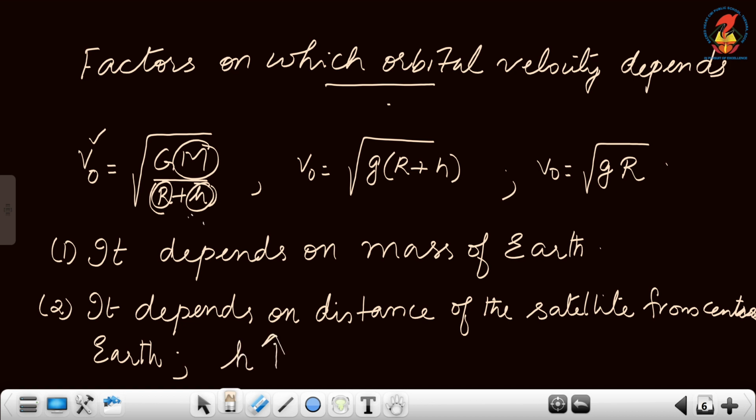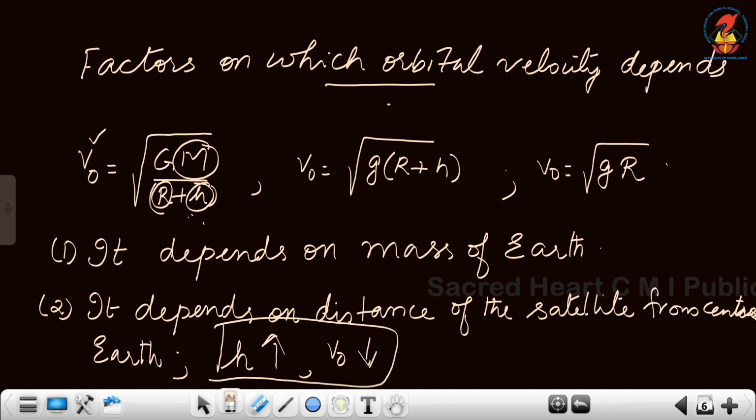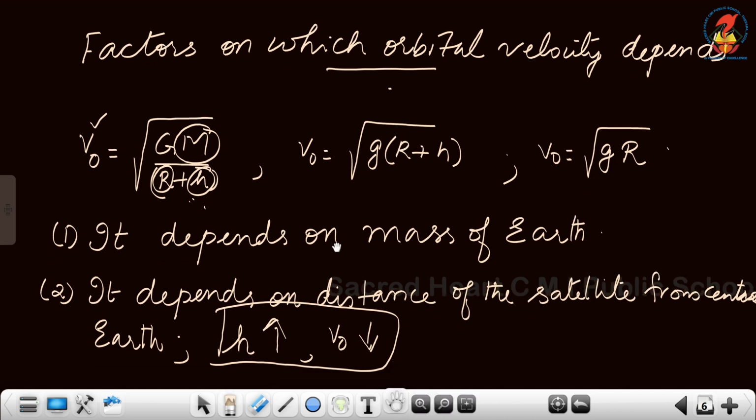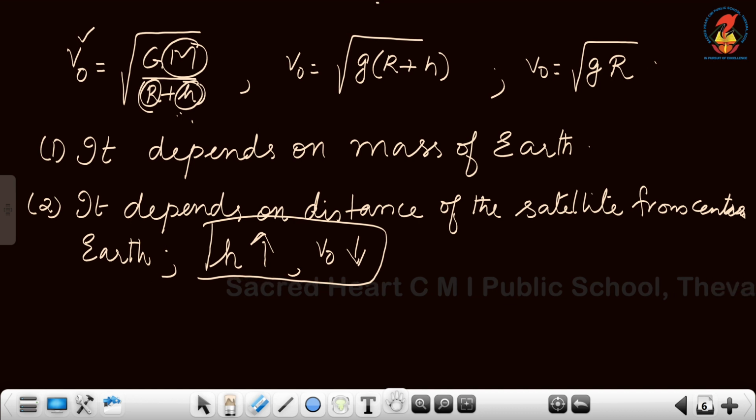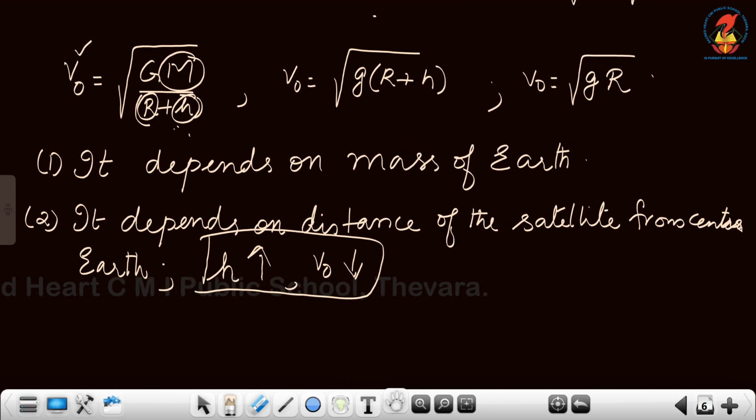Its term will increase, so automatically orbital velocity will decrease. So if the satellite is away from the Earth, the value of orbital velocity will be less. But if you look into these equations, it is very clear that orbital velocity does not depend upon the mass of the satellite. It is very important.